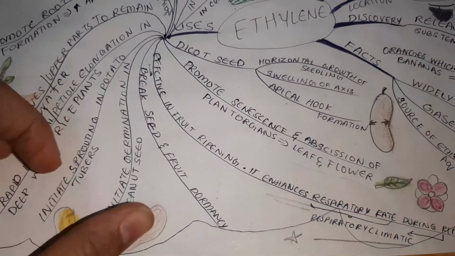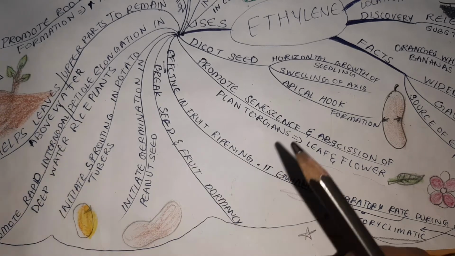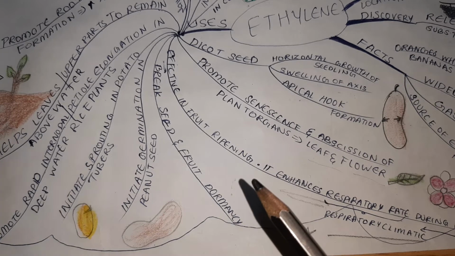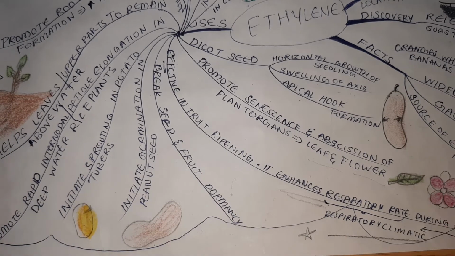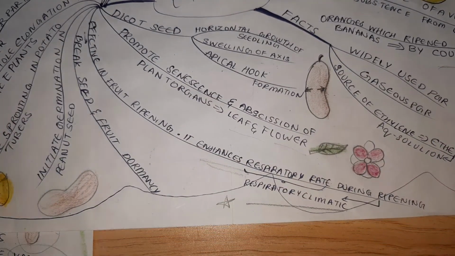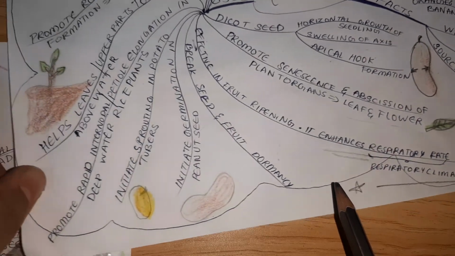So the main function is that it helps in fruit ripening. If you want the fruit to ripen easily, you can put it overnight with ethylene hormone or ethophone, which is an aqueous solution. Then in the morning you can see that the fruits have ripened. What happens is that it increases the respiratory rate, and this increase is known as respiratory climacteric. In this way the fruits get ripened fast.